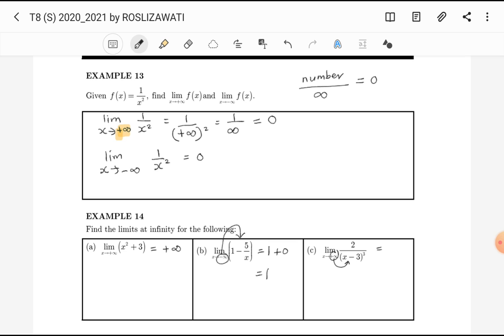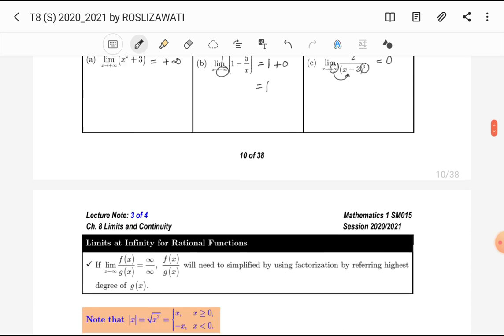Okay. So ada pula cube. Infinity cube, dia akan jadi infinity juga. Infinity tu simbol untuk nombor yang sangat-sangat besar. So we have 2 over infinity, equal to 0. So awak kena ingat, if we have number over infinity, the answer is 0.